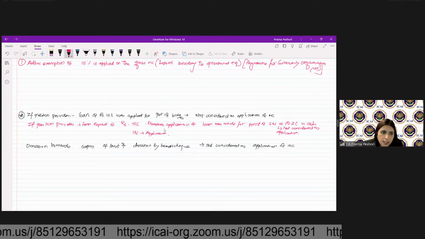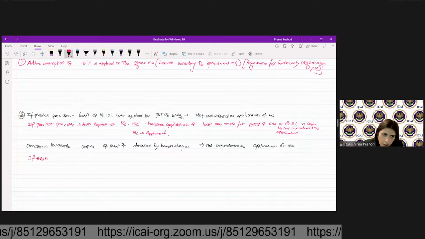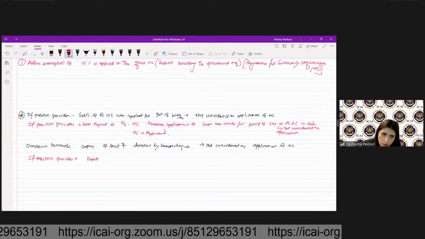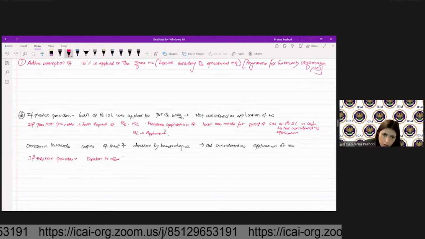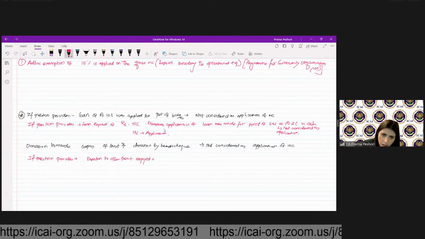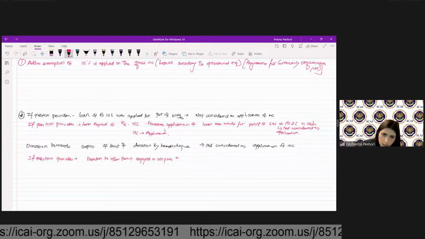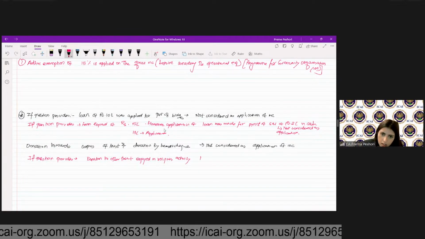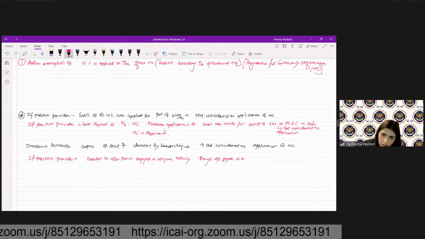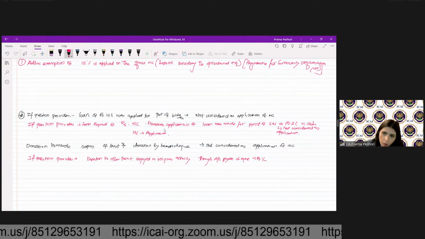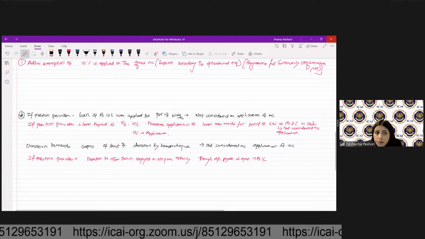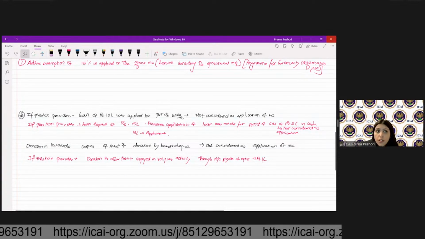What if the question provides donation to another trust engaged in religious activity through account payee cheque, let's say rupees 1 lakh? Then in that case, how much will you allow for the deduction?